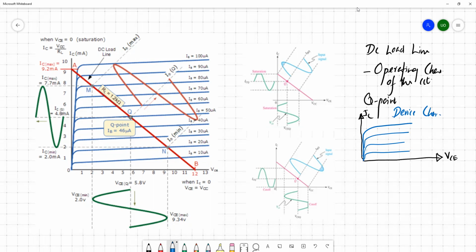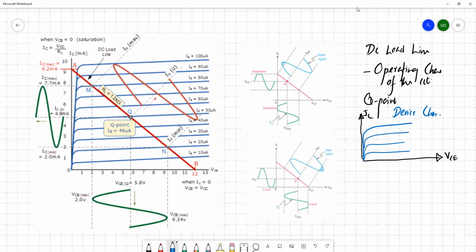Once you finalize the layout and configuration of the circuit, you can easily evaluate the equation for the DC load line. We discussed how to get this DC load line.